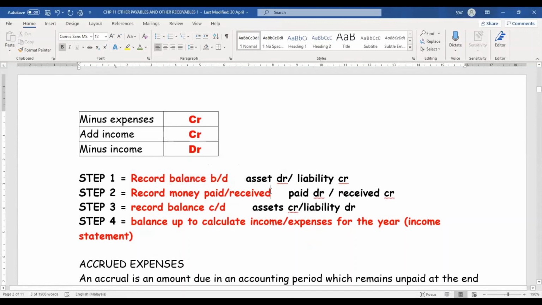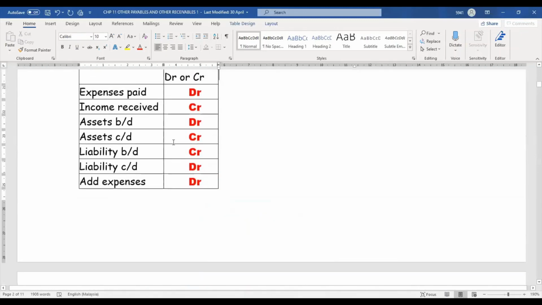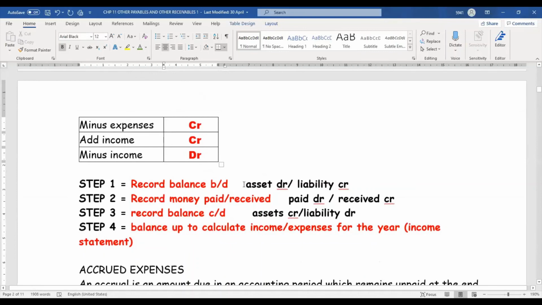Debit side or credit side, it depends on asset or liability. Asset BD will be debit side. Liability BD will be credit side. If that particular thing is asset, we record in the debit side. If the balance BD is a liability, we record in the credit side.